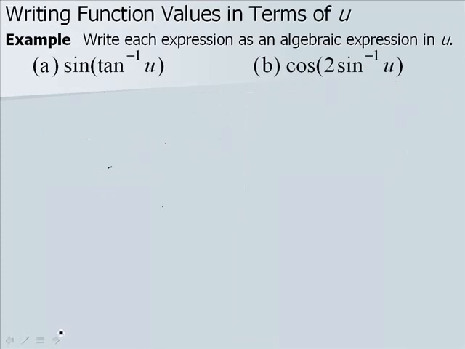In this example, we want to write each expression as an algebraic expression in u. So we will let, in part A, theta be equal to the tangent inverse of u, and that means that the tangent of theta is equal to u, and we remember if we make it a fraction that tangent was our y over our x, and tangent inverse, remember, is in quadrants 1 and 4.